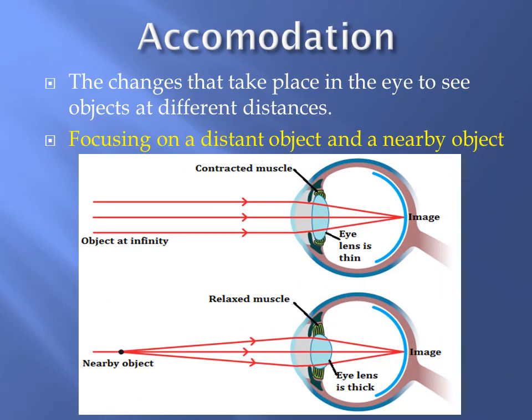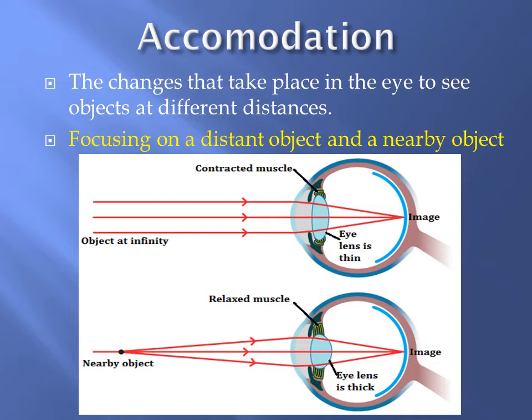Then accommodation. What is accommodation? The changes that take place in the eye to see objects at different distances. When your eye is focused on a distant object, what will happen?